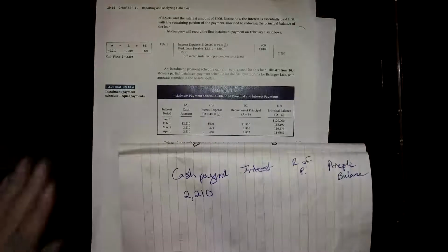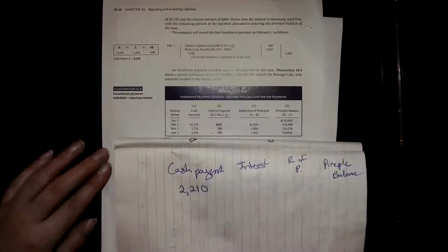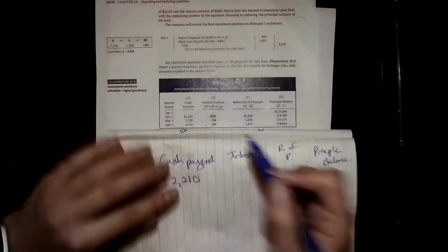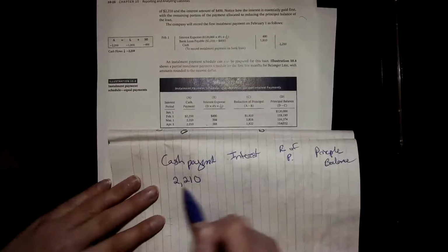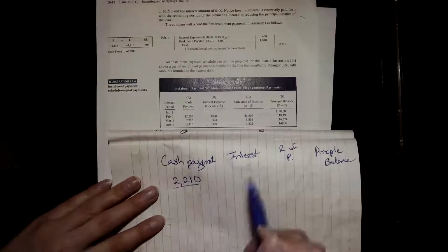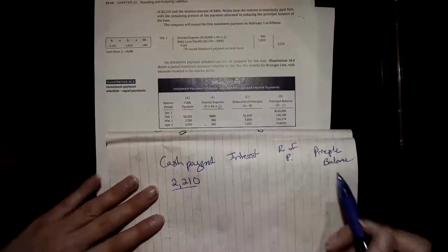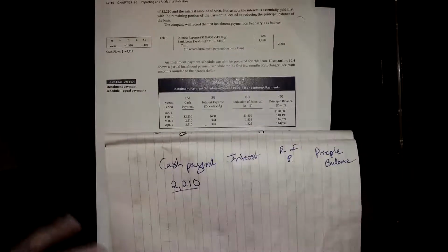Just going off of this page. Okay. So to figure out how much of this $2,210 is interest and how much of it is principal, how much is it about the actual loan, we have to do a bit of a calculation here.